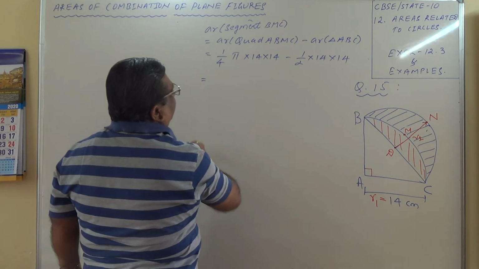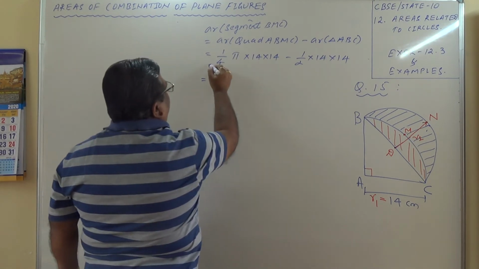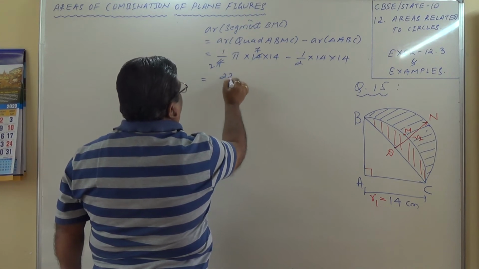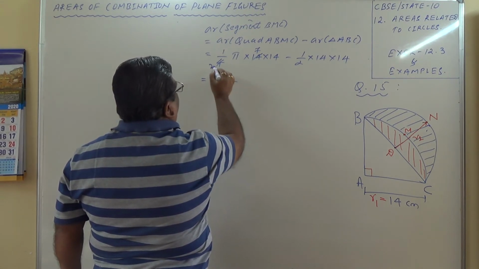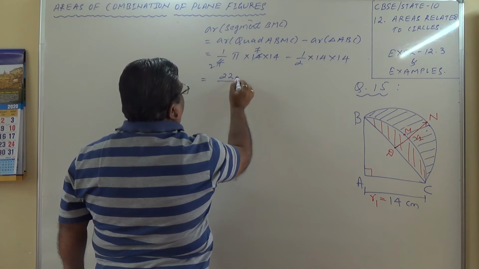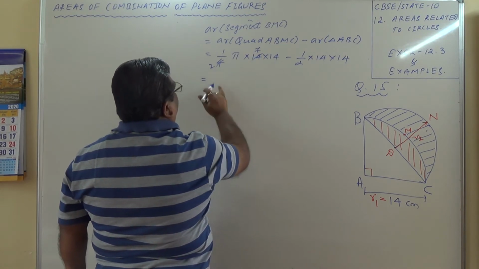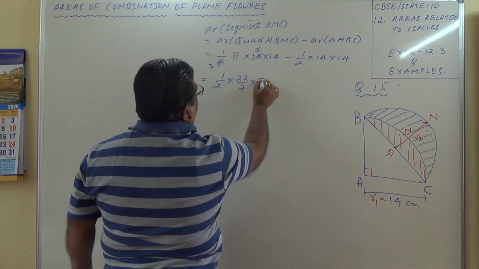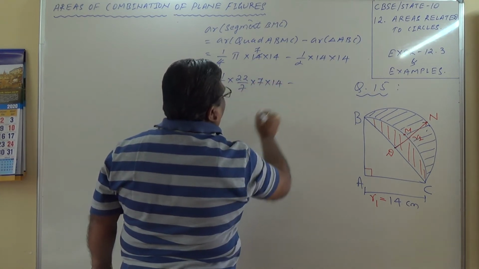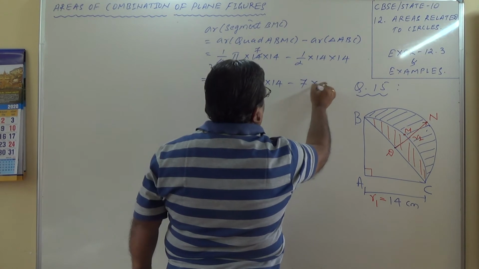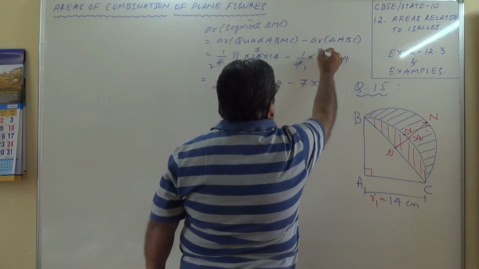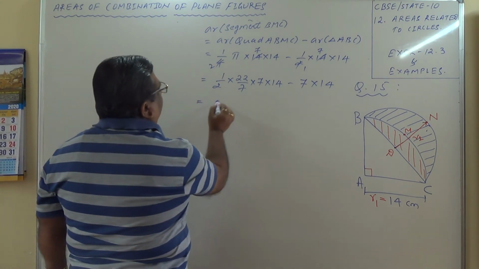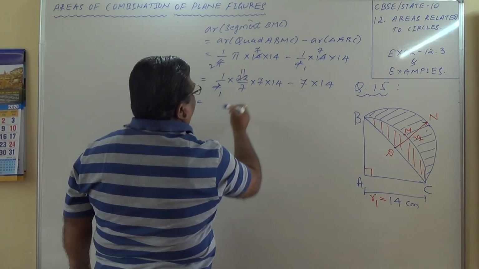So once again, 1 by 2 into 22 by 7 into 7 into 14 minus 7 into 14. 2 1s are 2, 7 7s are. Clear? So 2 1s are 2, 2 11s are 11 by 2.